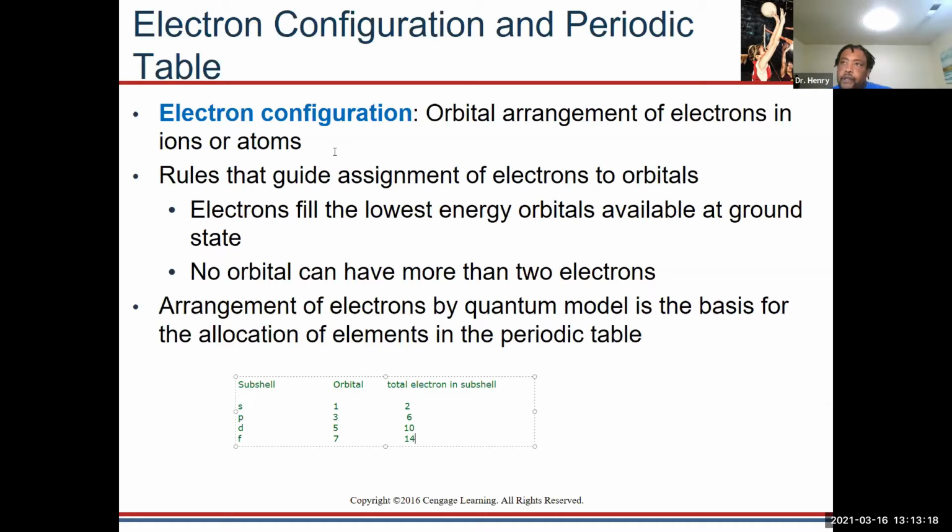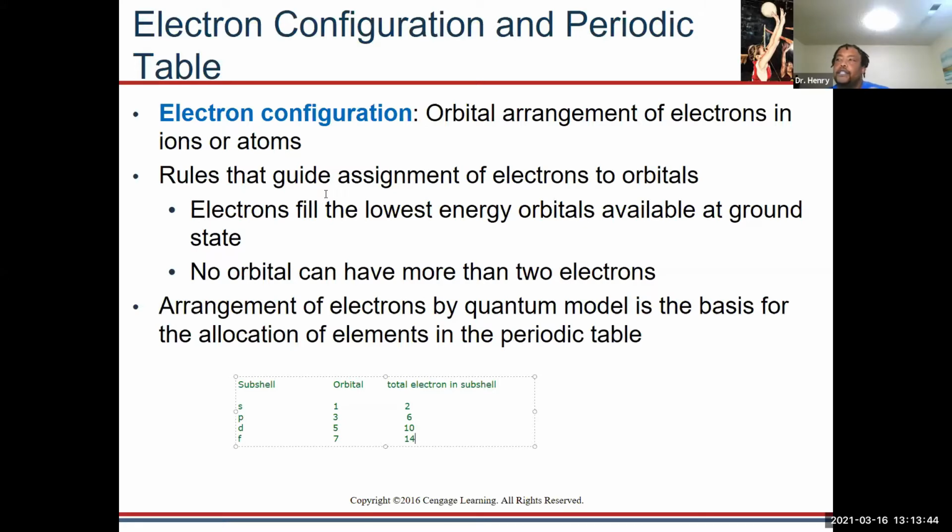Dr. Henry? Yep. I'm sorry to stop you here, but I'm lost, because you just finished talking about the Pauli principle, where you could only have a maximum of 2 electrons, and here we're talking about P with 6 electrons.